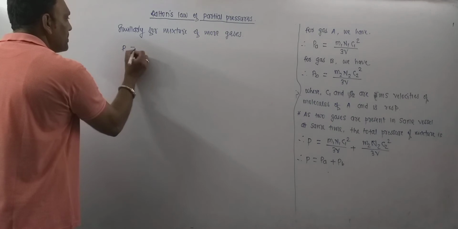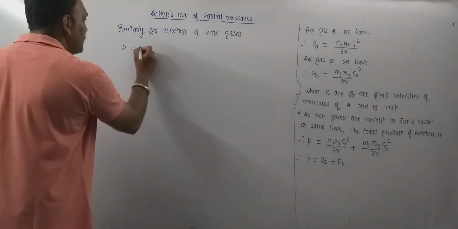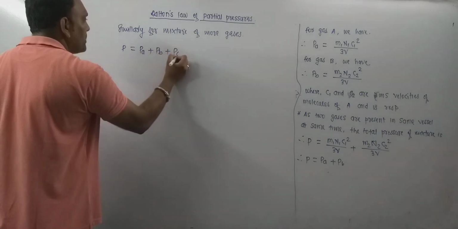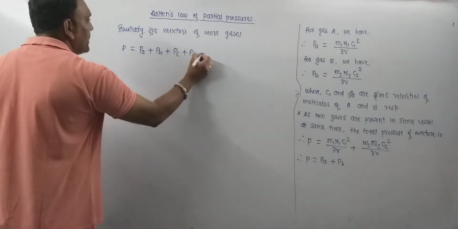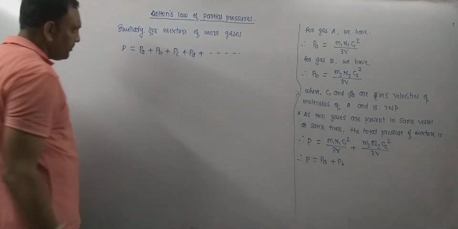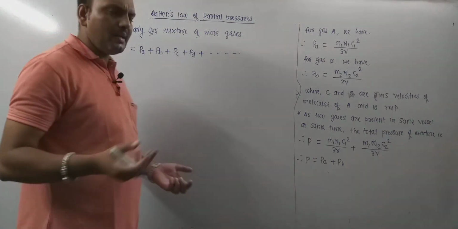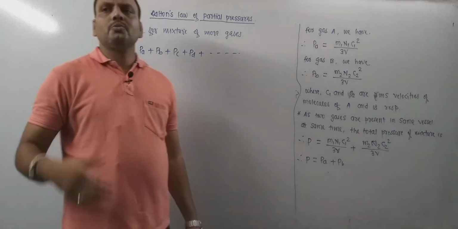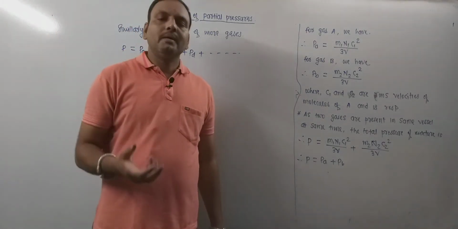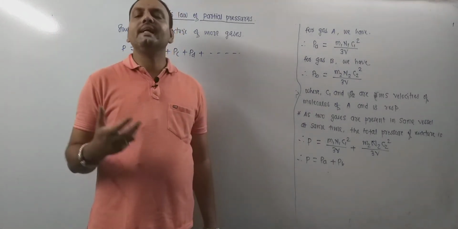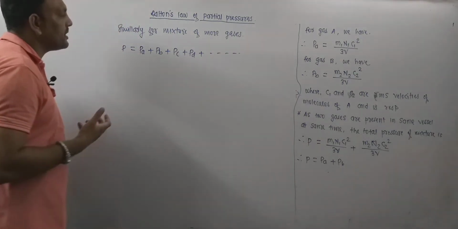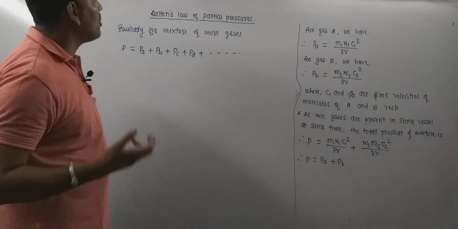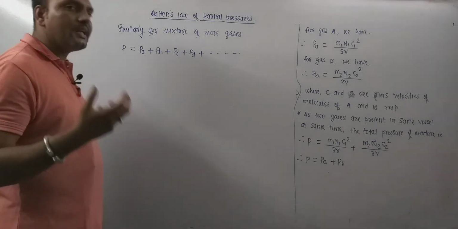So P, which is the pressure of the mixture, is equal to PA plus PB plus PC plus PD and so on. It depends upon the number of ingredients associated with that mixture. So we need to add the partial pressures of each and every ingredient in order to calculate the total pressure of the mixture. This is Dalton's law of partial pressures.